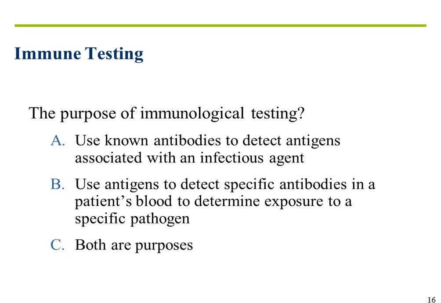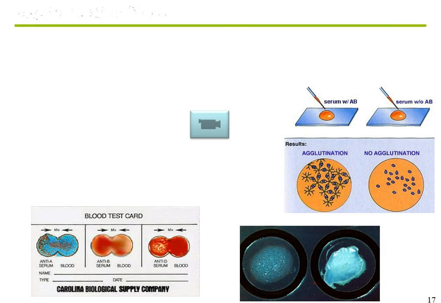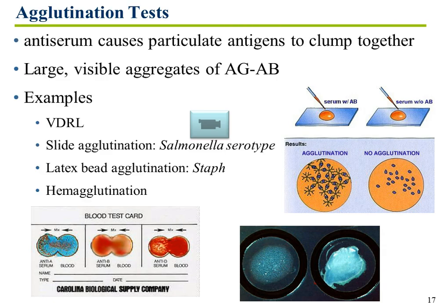Well, you can do it both ways, both the purposes. You can use this type of testing to detect antigen, or you can use this type of testing to detect antibody in the patient. So I'm going to take you through some of the tests. Some are more commonly used these days than others, and you're probably going to be familiar with some of them.